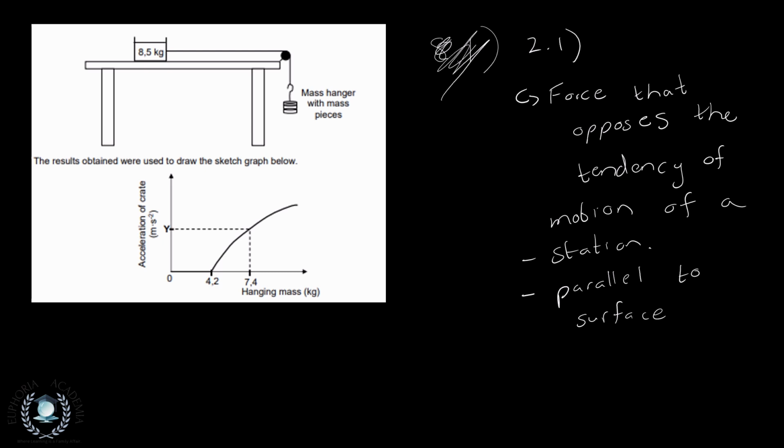The key things you need to note are that it's a force that opposes motion, of a stationary object, and then this indicates the direction: how does it act? It acts parallel to the surface. Just note down those things.